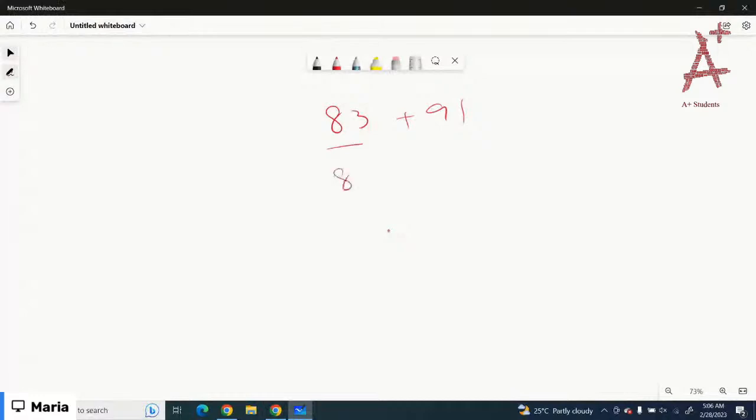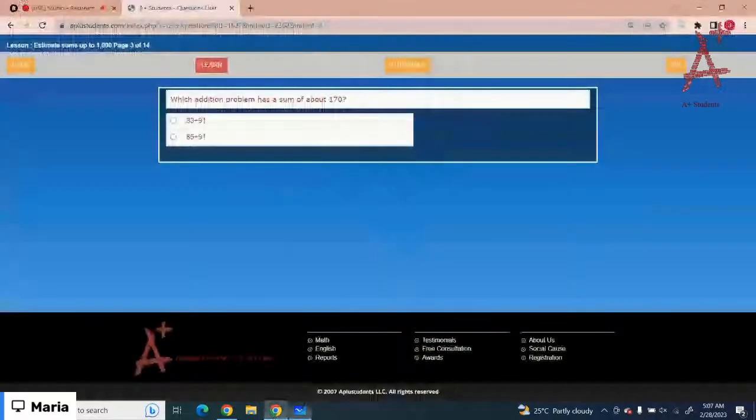It is rounded off to 80, because it is less than 85. Then 91 is rounded off to 90. So 80 plus 90 makes 170. That means that is the sentence that sums to 170. Option number 1, 83 plus 91, is the correct option.